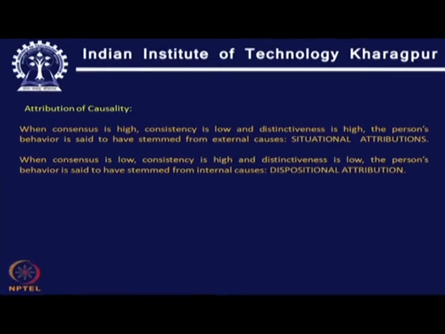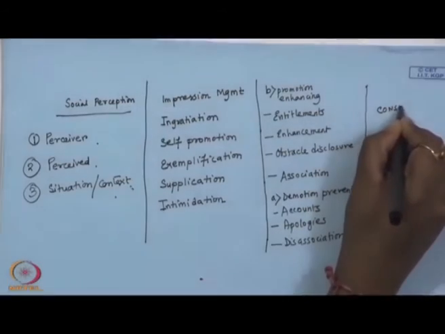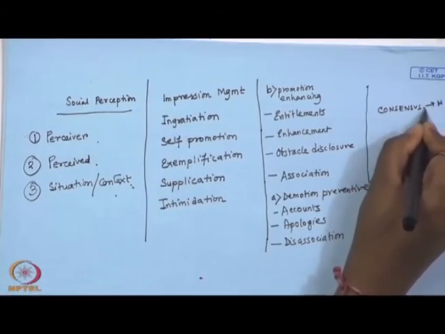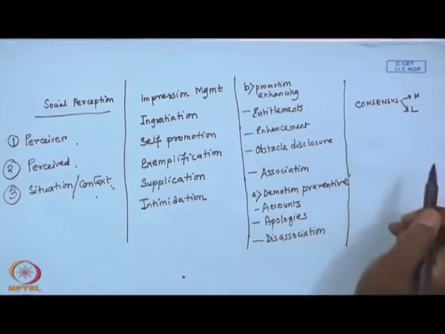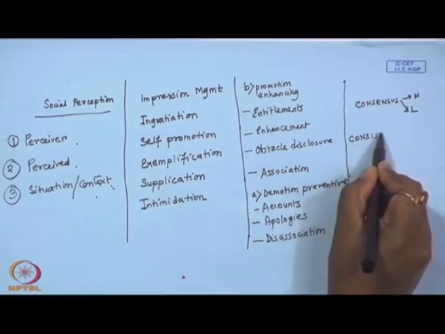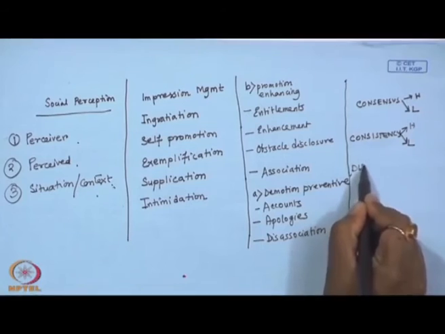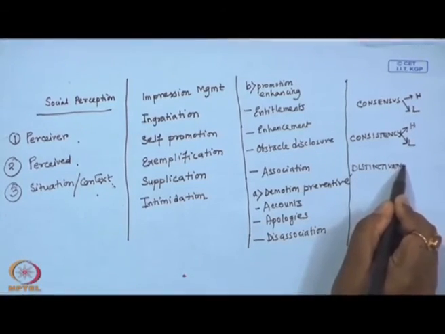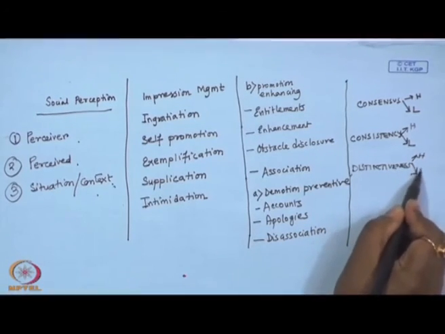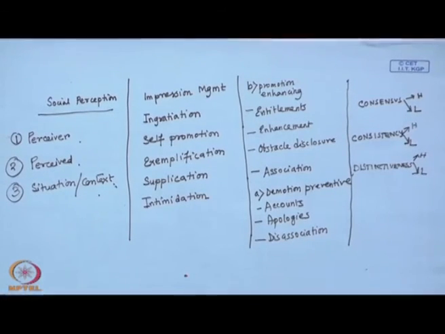Now, how do we attribute the causality? We say whether it is a situational attribute or it belongs to the person. If we go this way, consensus high and low, then consistency high and low, and distinctiveness high and low.